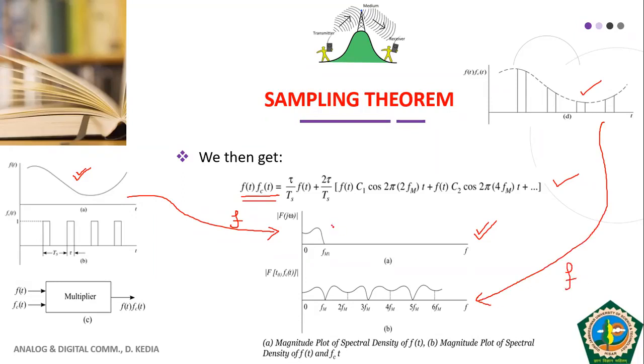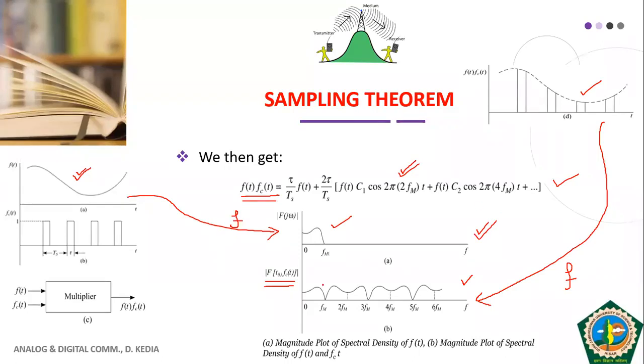So this is my original signal in frequency, and this is my sampled signal in frequency. I had explained in pulse amplitude modulation how we get this sampled signal frequency domain representation from this, by observing that when two signals are multiplied, their frequencies are added, and we get such a thing.